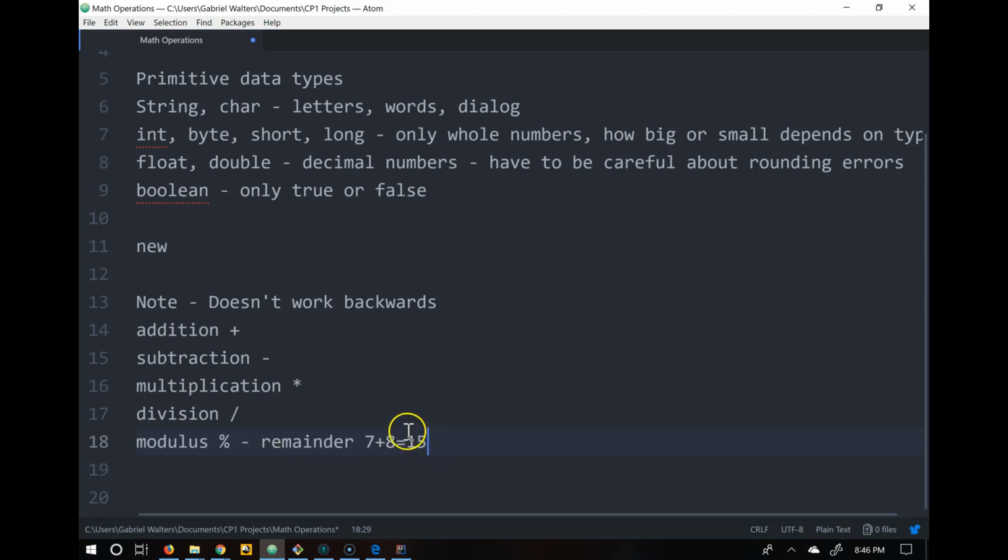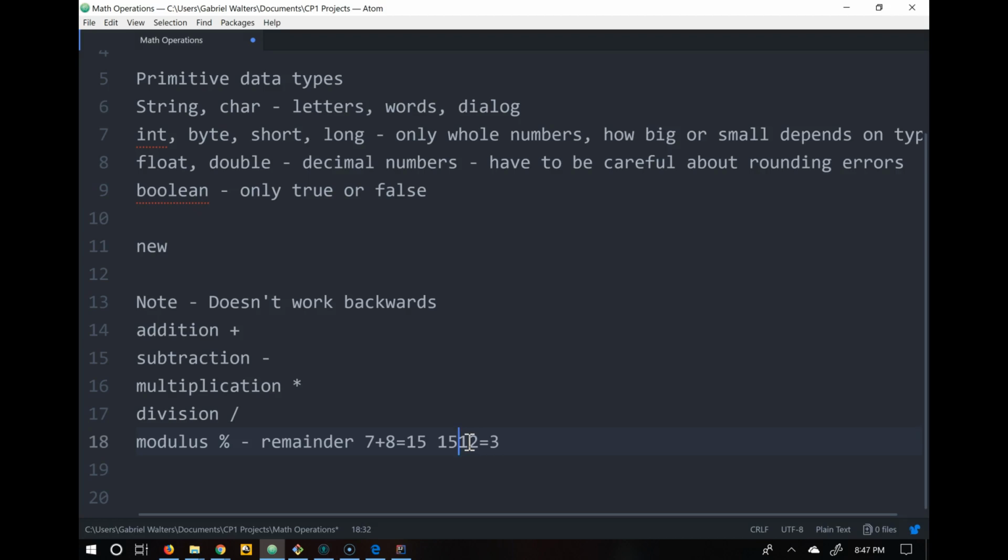Now in military time, that would be pretty common because that's how we represent 3 p.m. in military time. It's 1500. But we know that there are 12 hours in a day. So modulus would basically go 15 minus 12, that equals 3. Okay, that is the remainder. 15 divided by 12 would be 1, which we don't really care about.